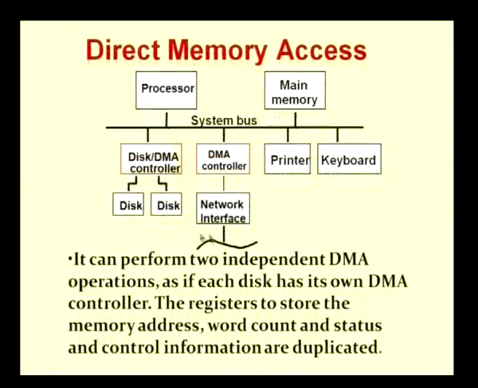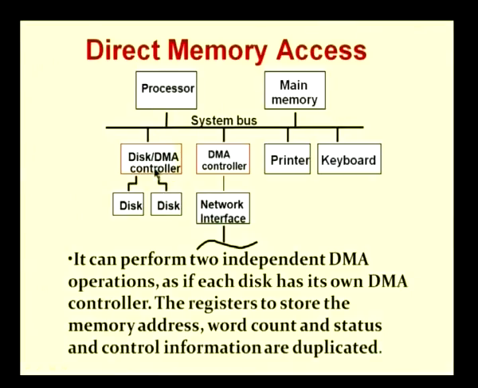When I say that there are 2 different DMA channels, it means that the parameters that we require, that is the registers to store the memory address, word count and other status and control information for each channel, are duplicated. So, inside this controller I will not have just one set of registers for the starting address, word count and so on, but I will have 2 sets of registers. One set for one particular channel and another set for the other channel.